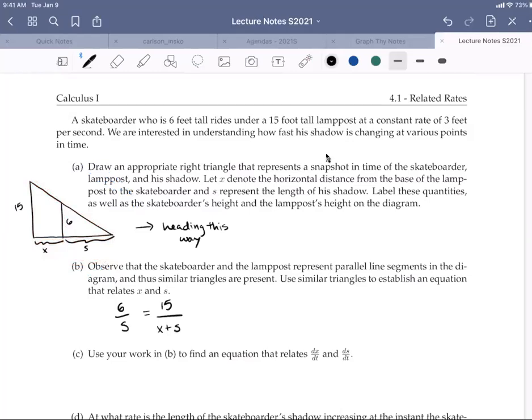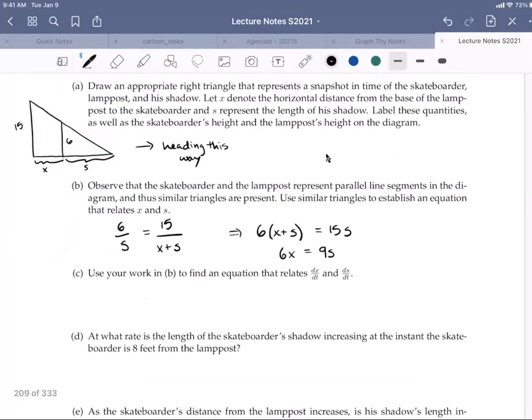If we move everything over to get rid of those fractions, because we can take derivatives of fractions, but it makes things a little more complicated, and multiply through by 6 on the left side and pull that over, we get 6x is equal to 9s.